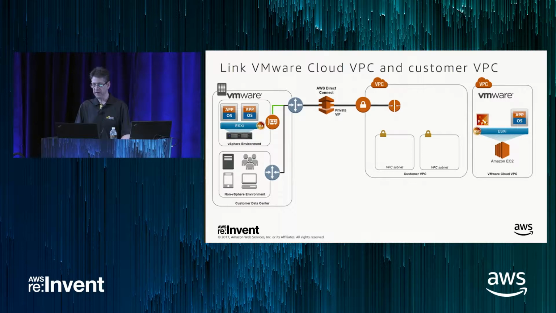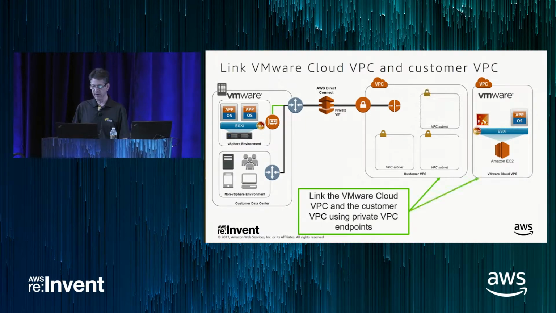So at this point we've linked the VMware Cloud VPC and the customer VPC. We call the diagram on the right the VMware Cloud VPC, and we call the piece in the middle the Amazon customer VPC. So in terms of terminology, that piece in the middle is the customer VPC. And we do the linkage with what we call a VMware Cloud ENI, Elastic Network Interface. We've had ENIs for many years in AWS.